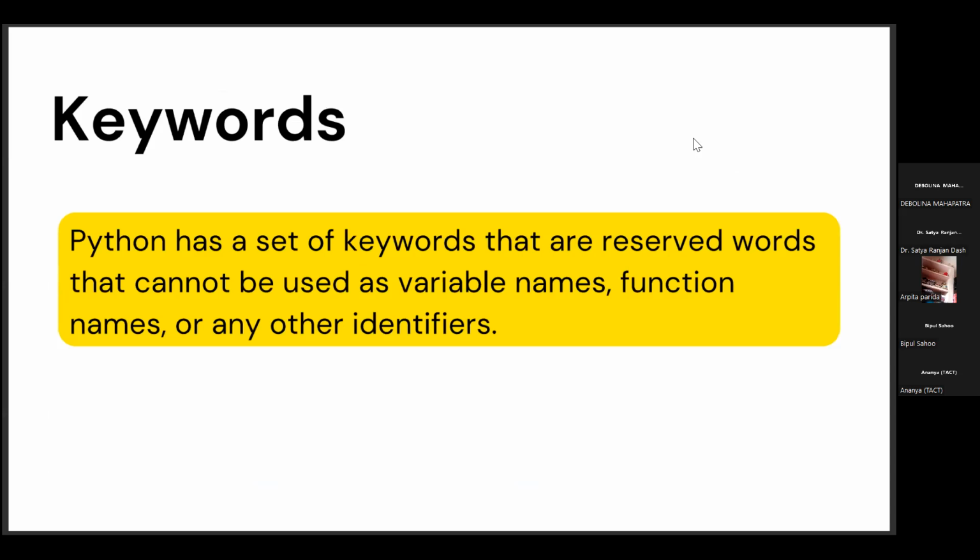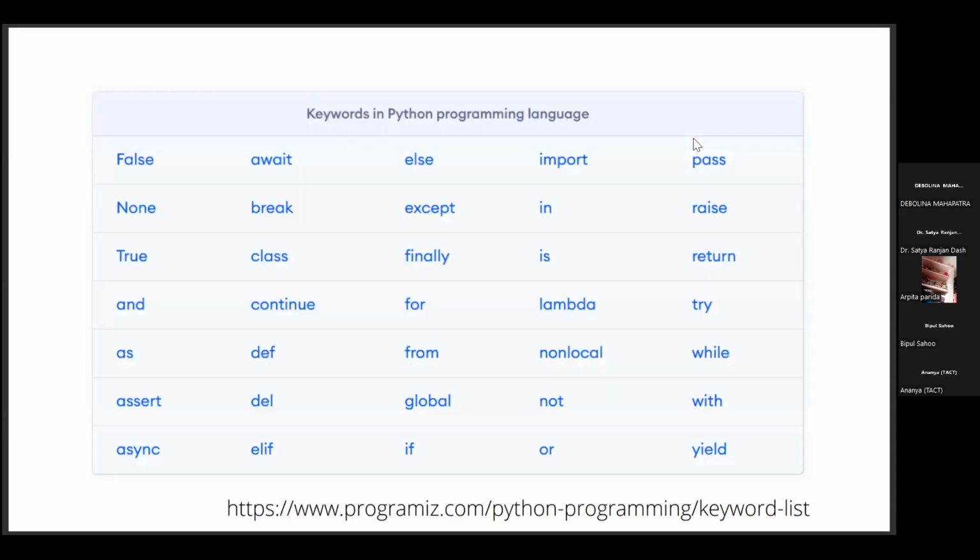Python has a set of keywords which are reserved, and you cannot use these keywords as variable names or as function names or any other identifiers in your program. Some of the keywords in the Python programming language are mentioned over here. Import is a keyword which is used to load different libraries in Python.